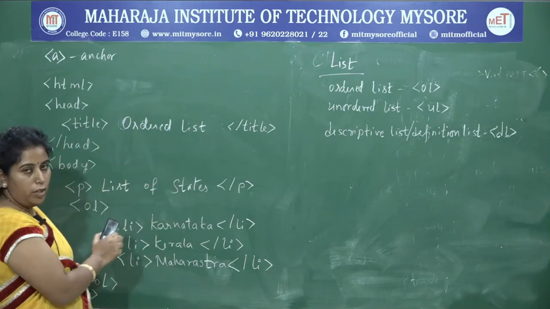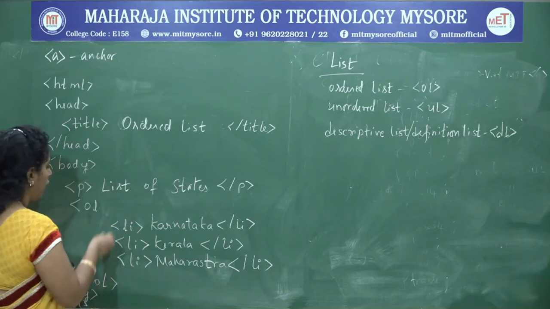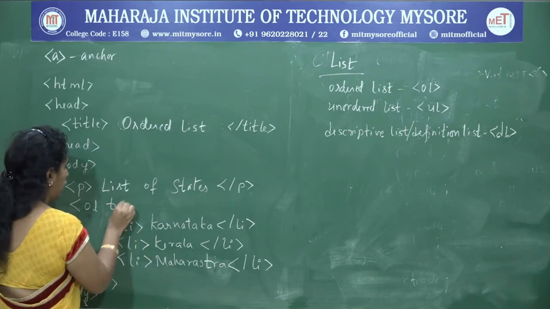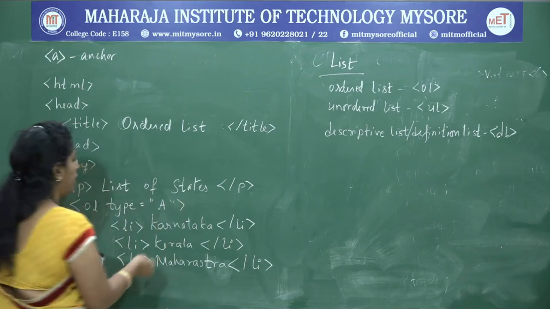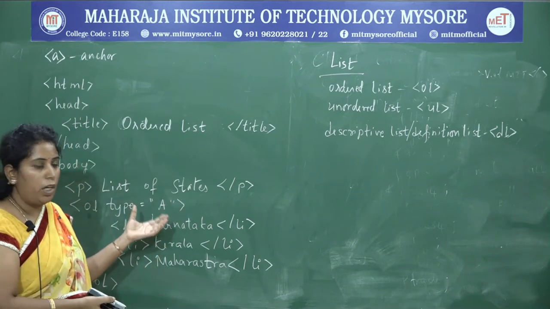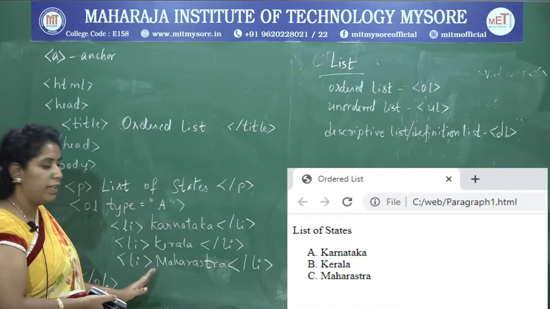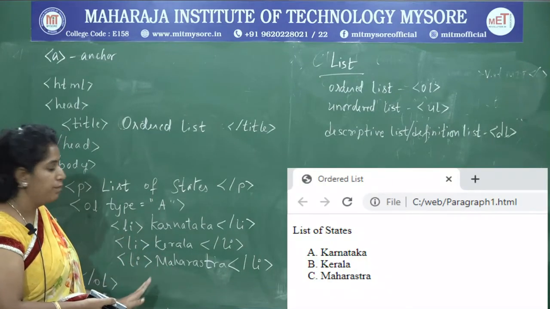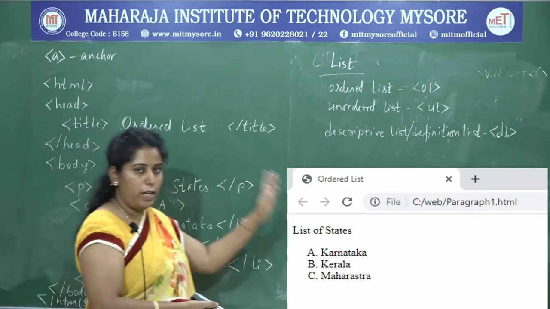And here you can also modify the ordering. By default the order type is number, right? You can change it. How? Take an attribute called type. Instead of number, I will provide it as A. So instead of numbering, these will be listed in the form of ABC. After modifying, let me run the program once.